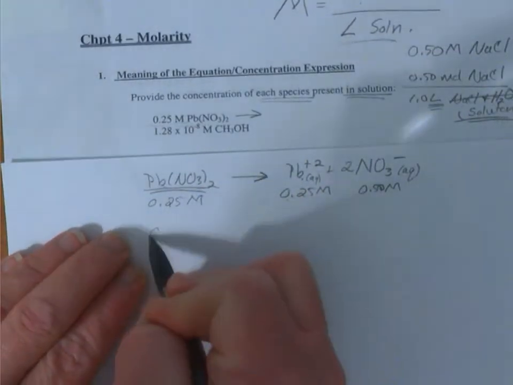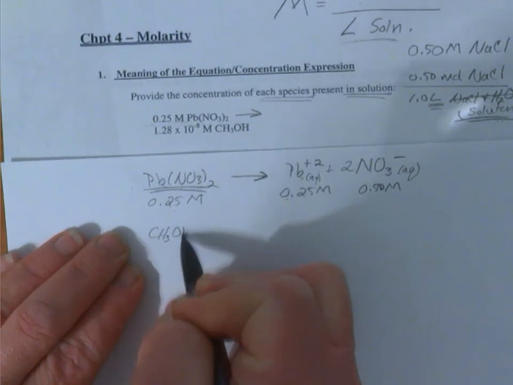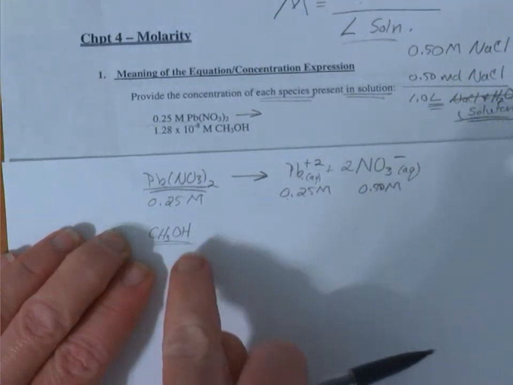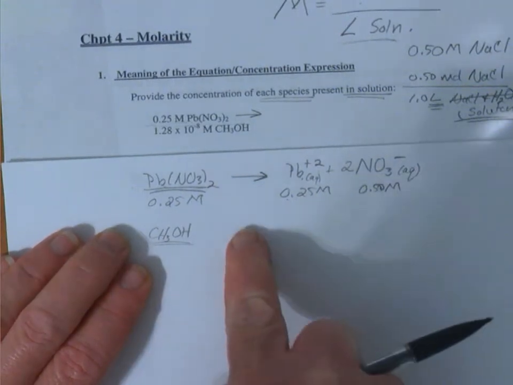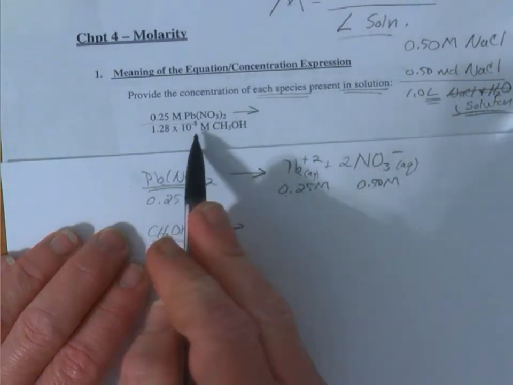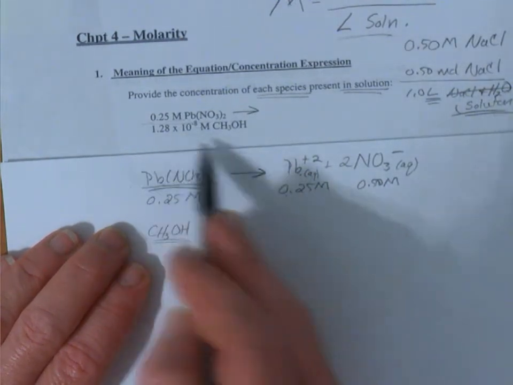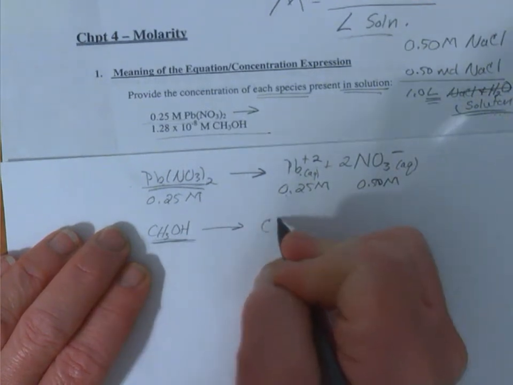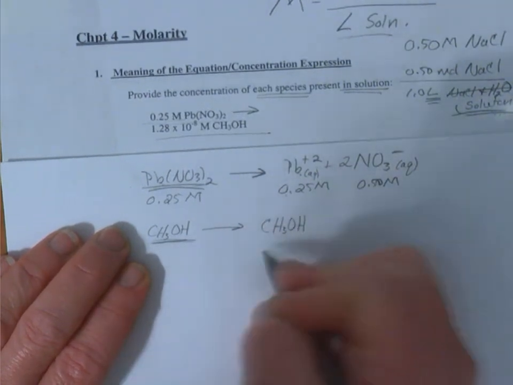We have CH3OH, covalent. And what do we know about covalent? Does not dissociate, does not ionize. If I'm given the concentration, I know for every one of these, that will give me just 1 solute particle.